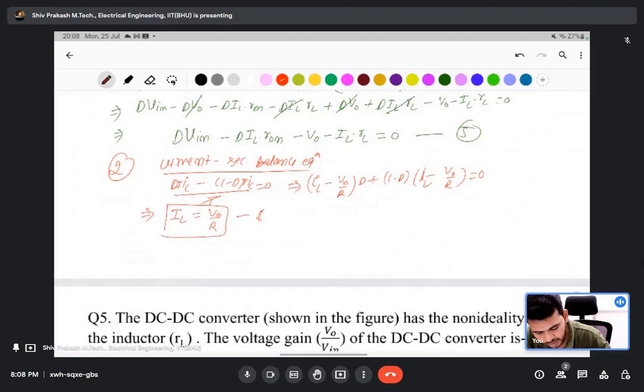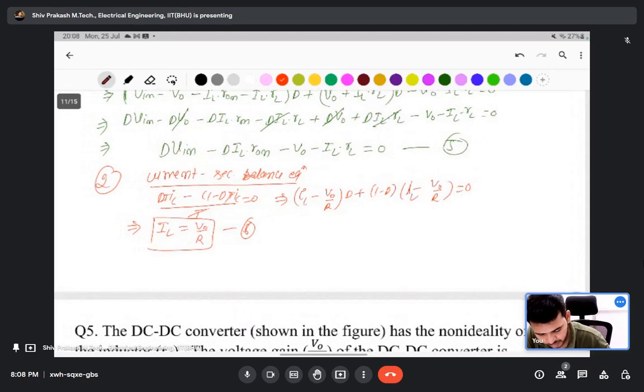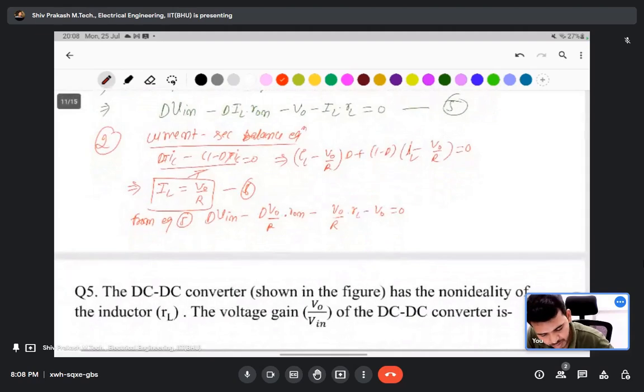This is question number 6. Replace the IL here with V naught by R from question 5. So D V in minus D V naught by R into R on, minus D V naught by R into RL, minus V naught, is equal to 0.